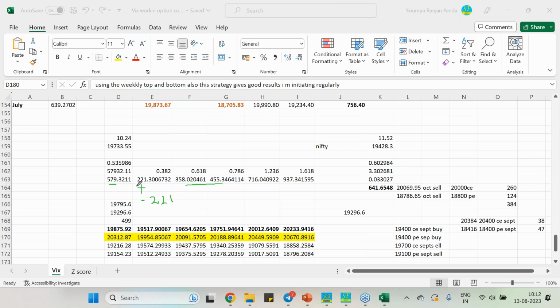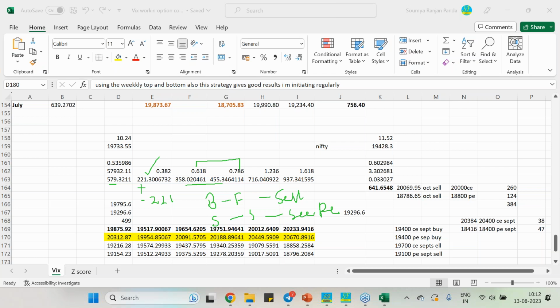So once it goes to plus 221 points, buy the future, and at that time sell a call option of the nearest ATM strike. And if it is minus 221, sell the future and sell an at the money put option at that time. That is the simplest rule, and once it comes to 0.618 to 0.786, close it.